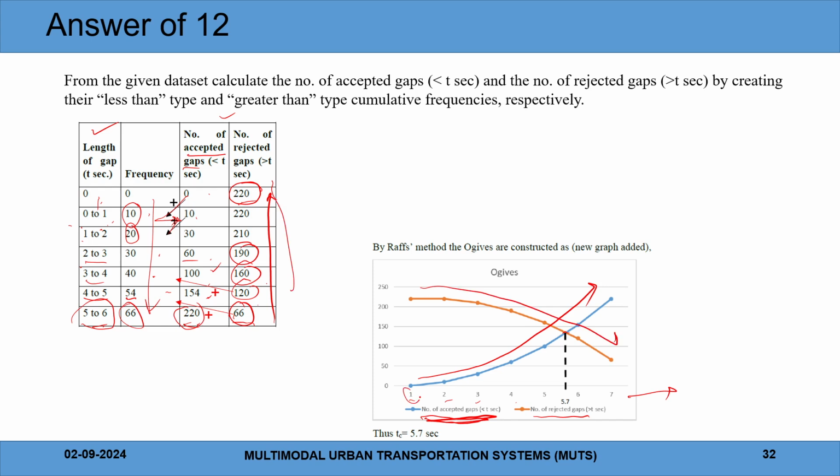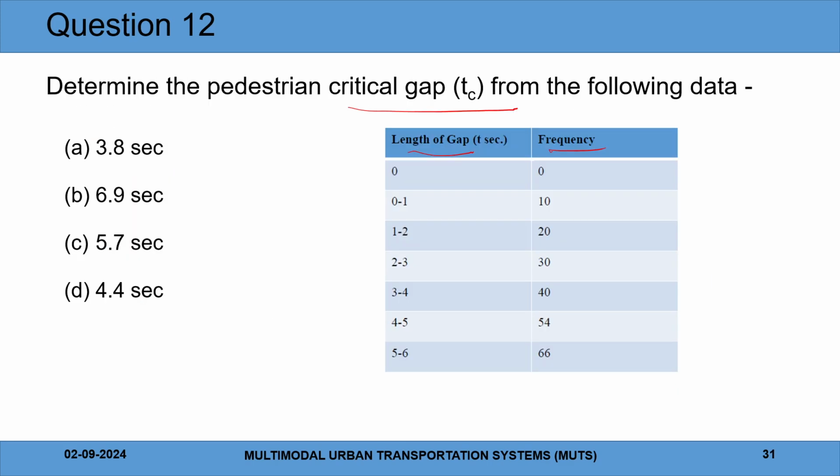A 1 second gap is rejected by the maximum people and accepted by very few, but a 6 second gap may be accepted by many more people and rejected by fewer. So where these two intersect, that will be the critical gap. This is our point of interest. It is coming as 5.7 seconds. If we plot it in the graph, the correct answer will be 5.7 seconds.